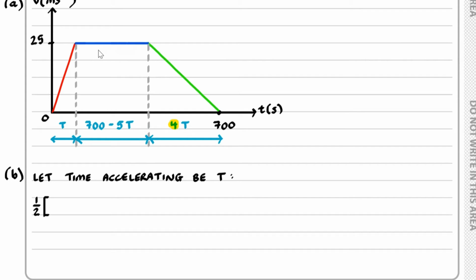So we have the 700 subtract 5t plus 700 multiplied by the height, which is 25, and that's equal to 15,000.